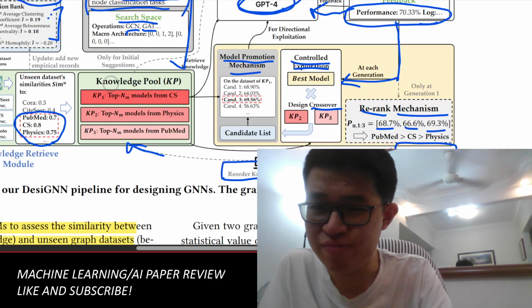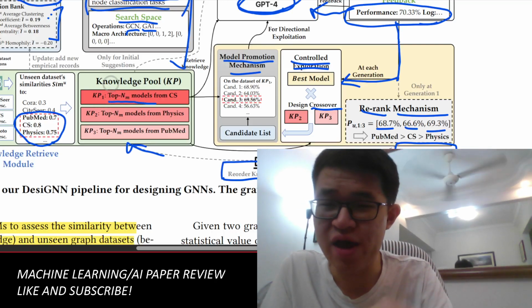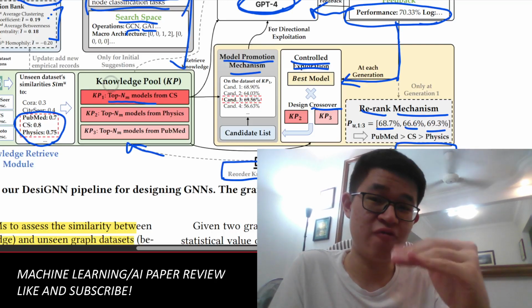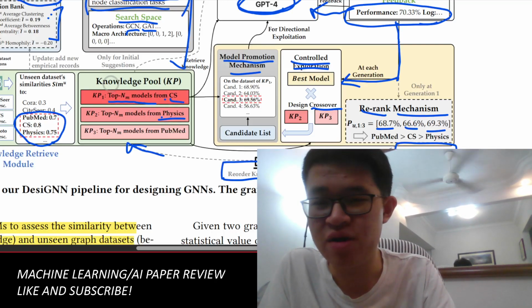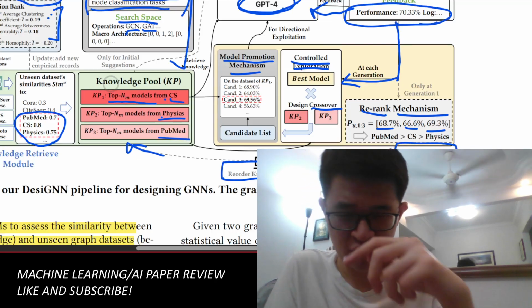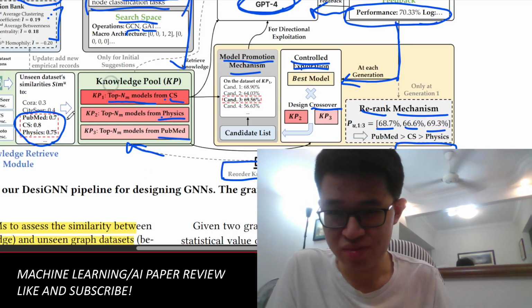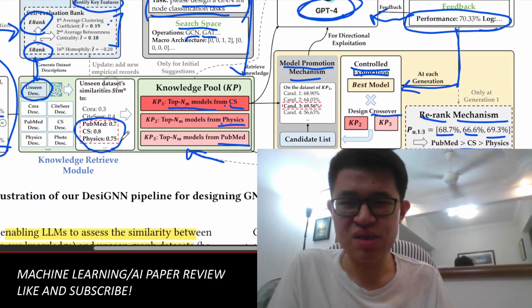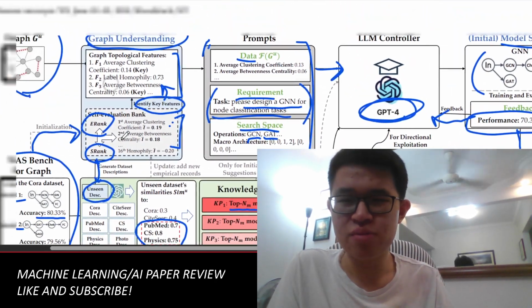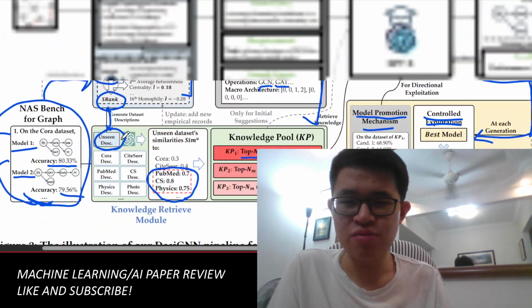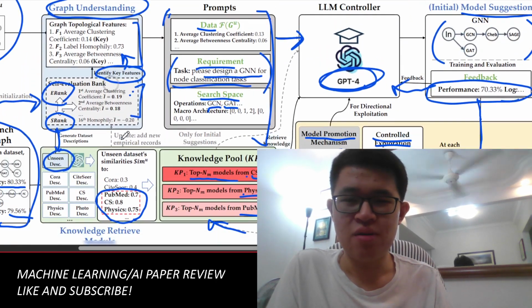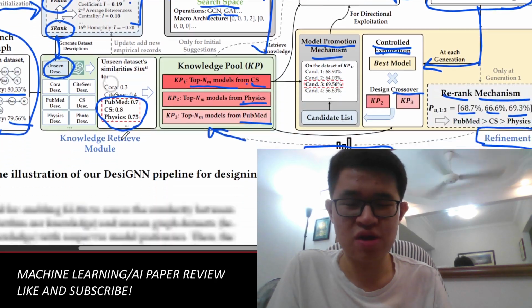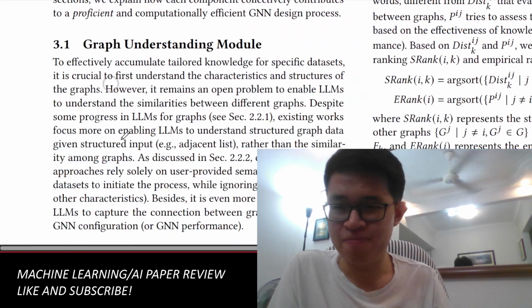And then it might even suggest the top-N models for each different data set: one for computer science, one for physics, and the other one for PubMed. So this is a rough overview of the figure. Obviously, I could have gotten something wrong here, but we shall go through that in more detail right now.